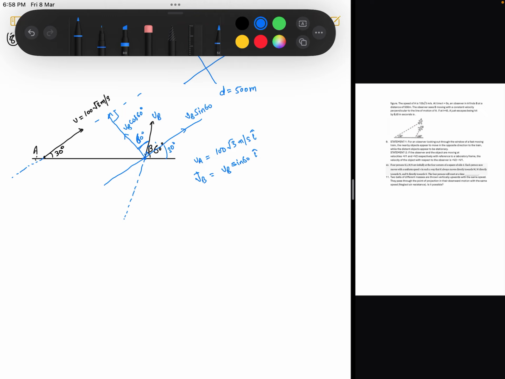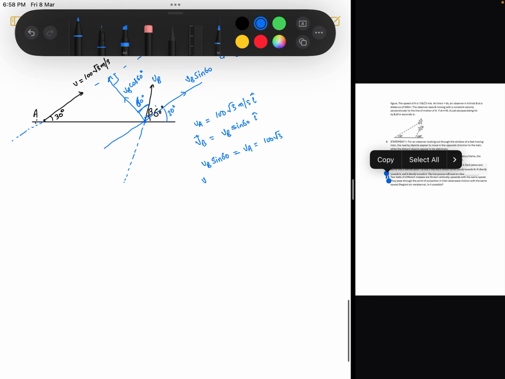So I can write VB sin 60 degree is equal to VA, that is equal to 100 root 3. So from here VB times sin 60, which is root 3 by 2, is equal to 100 root 3. Root 3 will cancel out and we get VB equal to 200 meter per second.